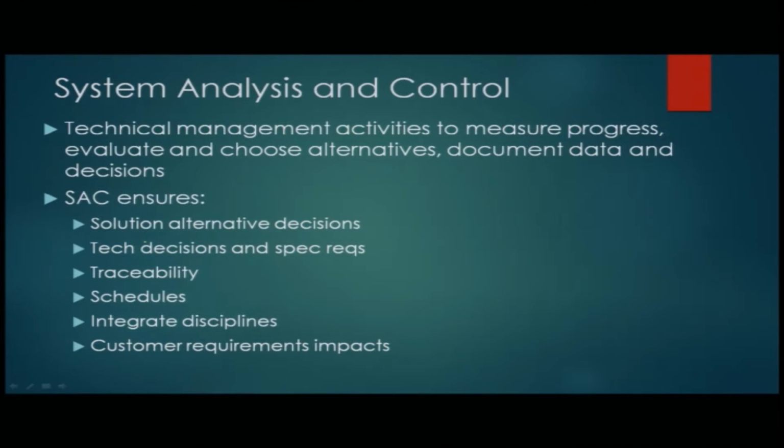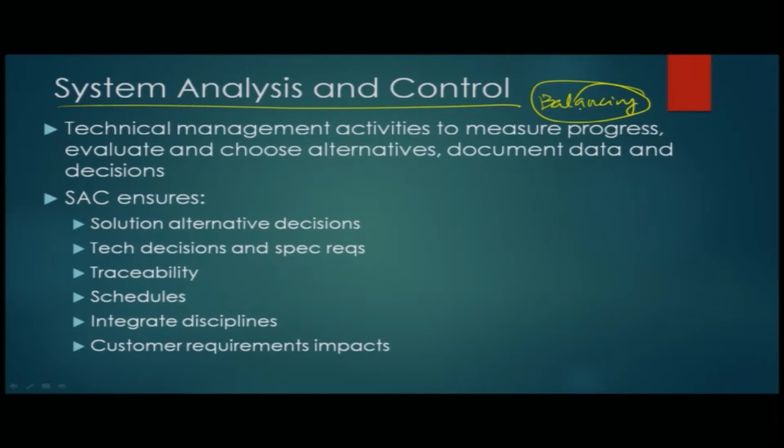The one part that we did not spend too much time on is the systems analysis and control, or what we call the balancing bubble in the diagram. What is the job of the balancing group?